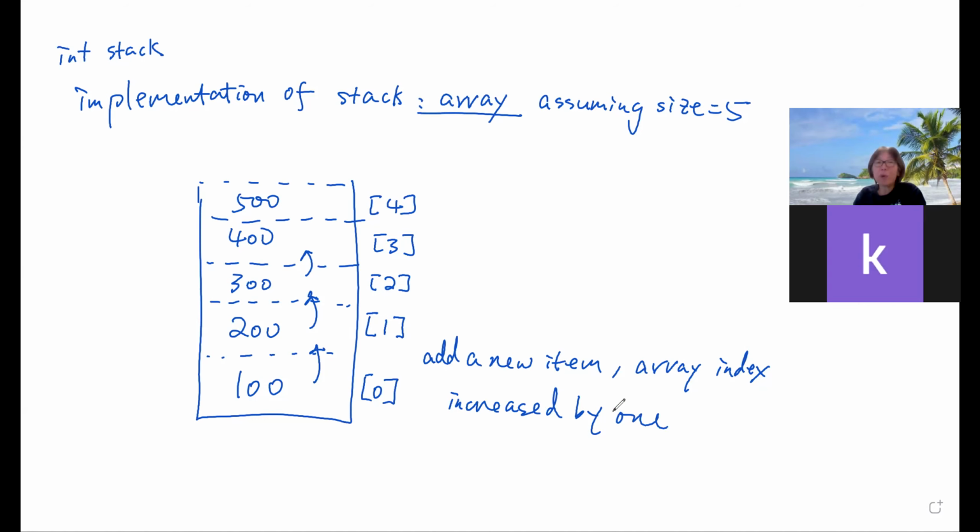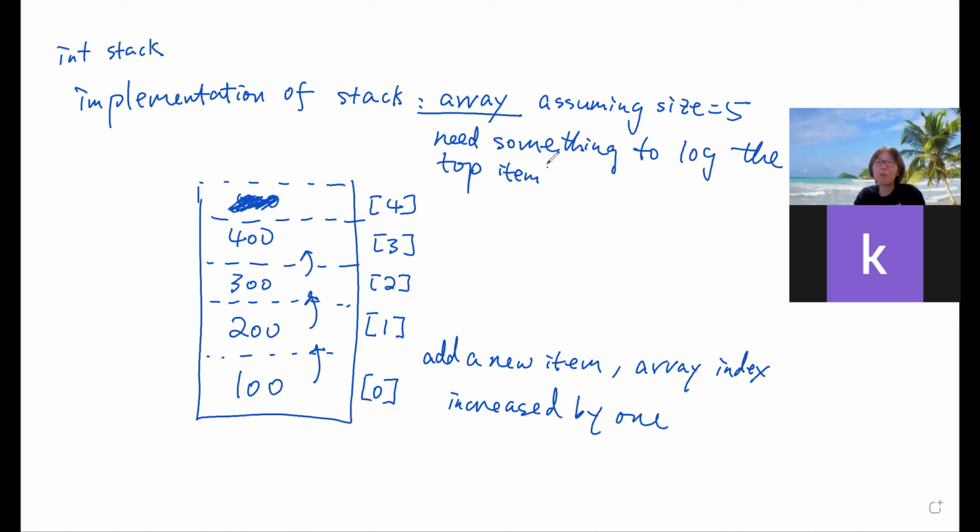Next, let's see what happens when we remove. We remove 500, so it's removed, but the array is still there. It's just that the item is not on the stack. So we need something to log the top item's index.